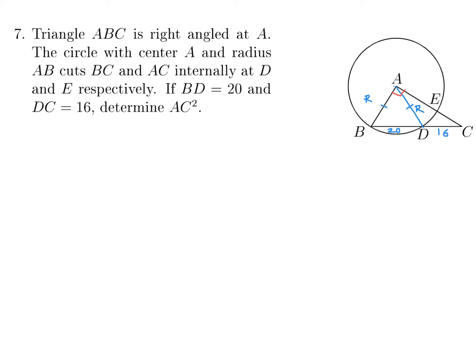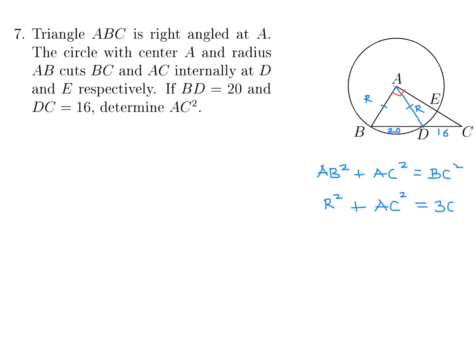So immediately from Pythagoras, we know that AB squared plus AC squared is equal to BC squared. Well, AB, that's R, radius. And then AC, that part we don't know. That's actually what we have to figure out. AC squared. And then BC, well, that's just 36.